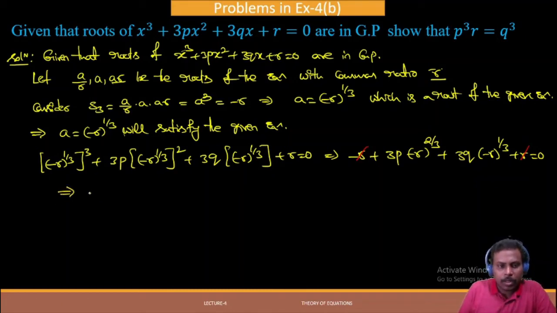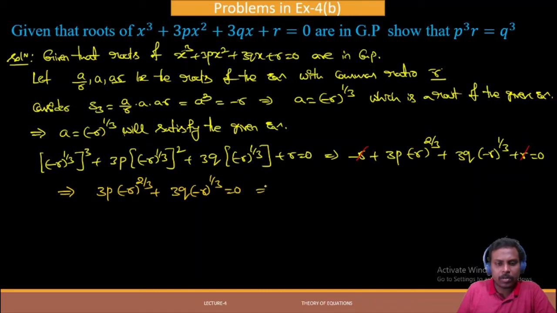This implies 3p into minus r whole to the power 2 by 3 plus 3q into minus r whole to the power 1 by 3 is equal to 0, implies p into minus r whole to the power 2 by 3 is equal to minus q into minus r whole to the power 1 by 3.